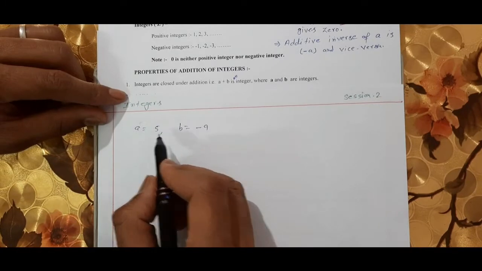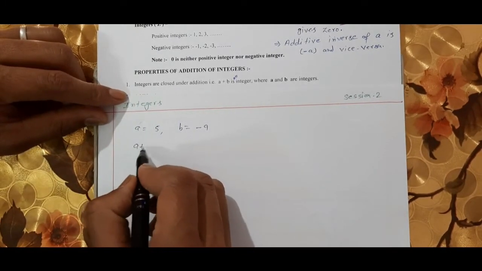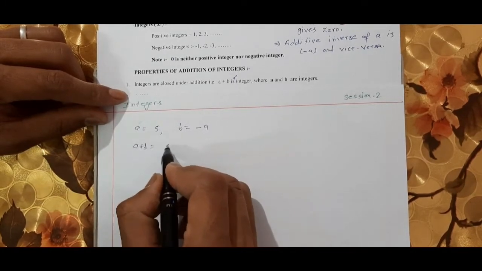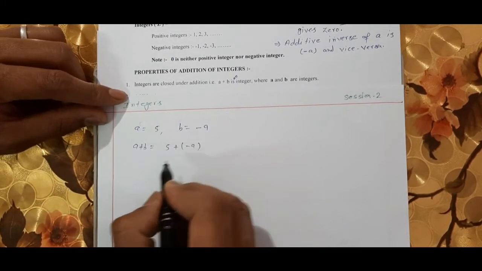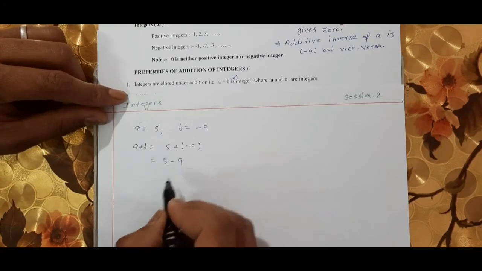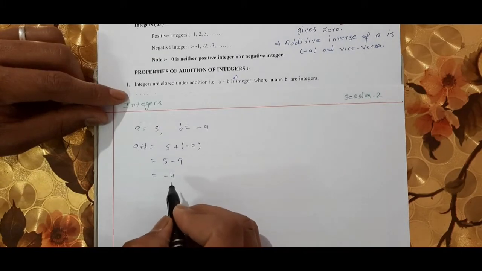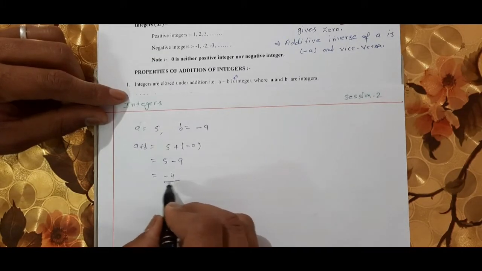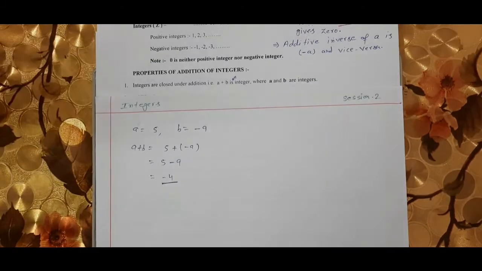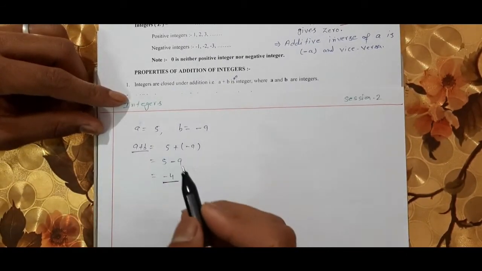Here 5 is an integer and minus 9 is also an integer. Now a plus b equal to 5 plus minus 9, then 5 minus 9 is minus 4. Here minus 4 is also an integer. Therefore integers are closed under addition.